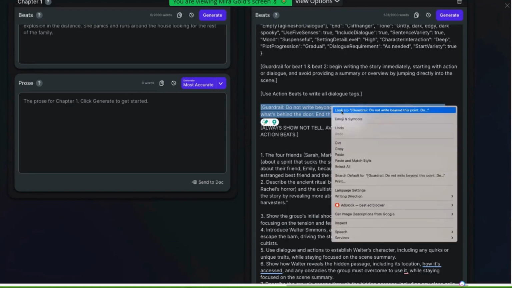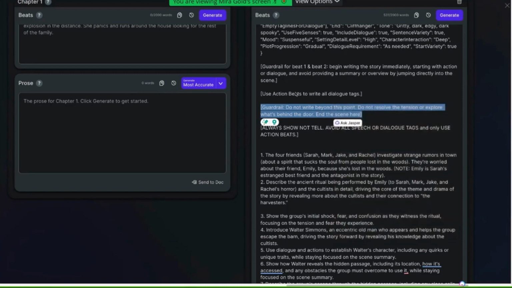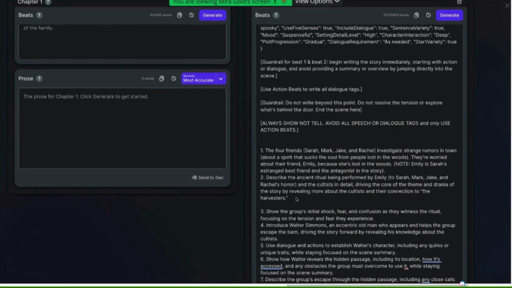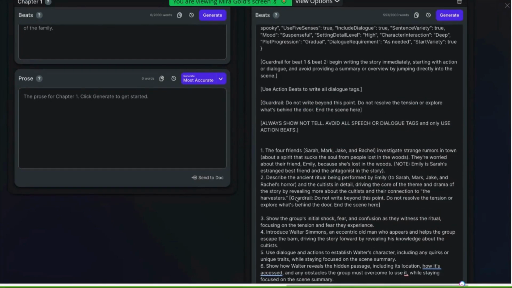We don't want the bows. So she came up with this guardrail: do not write beyond this point. We stick those on our evens. So 2, 4, 6, 8, 10, that goes on all of our even ones. Because remember, the AI runs 2 beats together. So that always goes at our end.